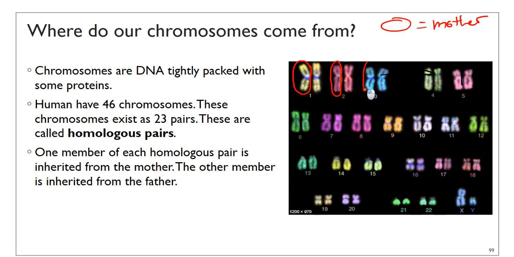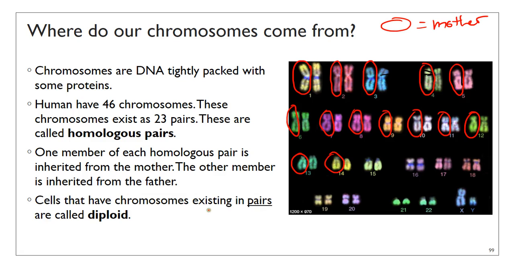I don't know whether it's the one on the left or the one on the right, but let's just assume that half of these you get from mom. The other half, obviously, you get from dad. So that's how we inherit. That's where we get our DNA from. We inherit half of our chromosomes from the mother and the other half from your father.